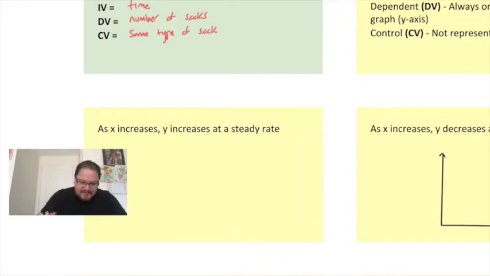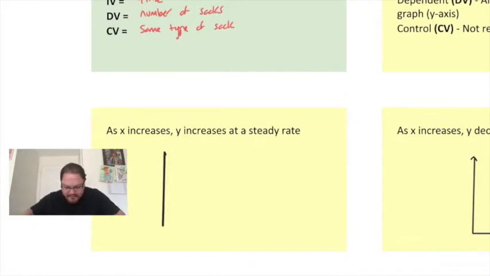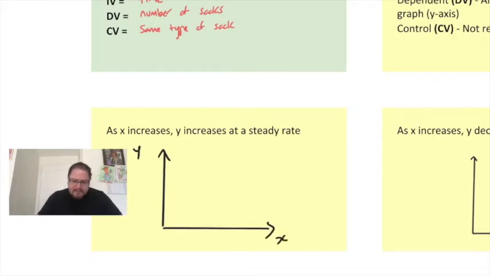I've lost my axes here. Let me just do a set of axes a bit quick with a ruler and a pencil. I don't know why that happened. Oh, I've got to press pause then. It's fine, everything's good. Right, X, Y. So I want to draw a graph now. As X increases, as X goes up, so this is X and this is Y. This is your X axis, this is your Y axis. So let's take the example.